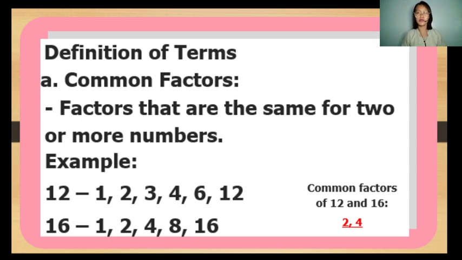Bakit po si 1 not included? By the way, si 1 is a universal number. Pwede po siyang maging factor ng lahat ng number, mapamaliit man or mapamalaki. Kaya hindi na natin siya or exempt na natin si 1. Itatabi na natin si 1. Doon na tayo mag-i-start sa other factors niya, which is 2 and 4.